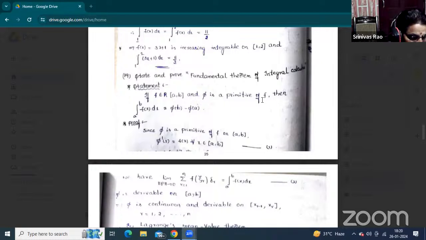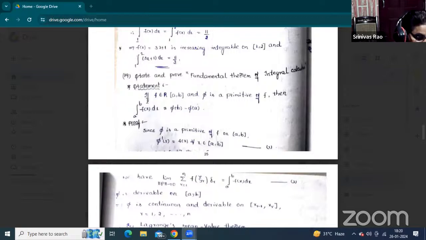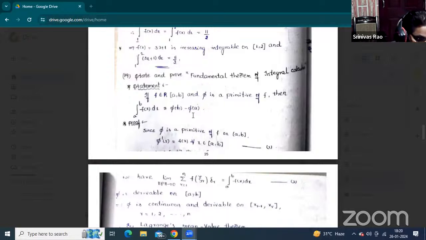This is the meaning of the statement: phi'(x) equals f(x), where x belongs to the closed interval [a, b]. Okay, that is the simple statement of the fundamental theorem of integral calculus: if f is Riemann integrable on the closed interval [a, b] and phi is the primitive of the function, then integral a to b f(x) dx equals phi(b) minus phi(a).